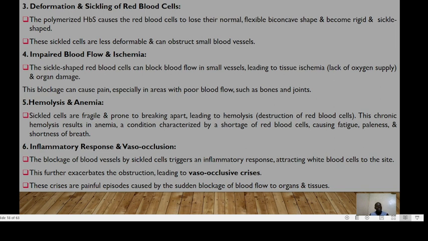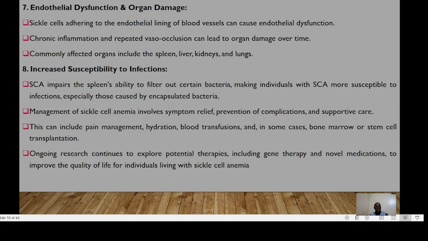Then we have the inflammatory response and vaso-occlusion. The blockage of blood vessels by these sickled cells triggers an inflammatory response, attracting white blood cells to the site. This further exacerbates the obstruction, leading to vaso-occlusive crisis. These crises are painful episodes caused by sudden blockage of blood to organs and tissues.